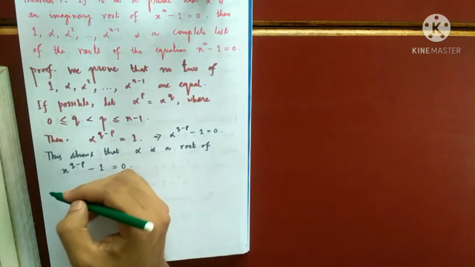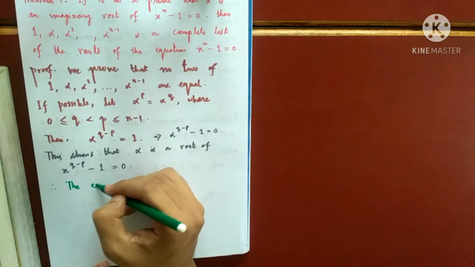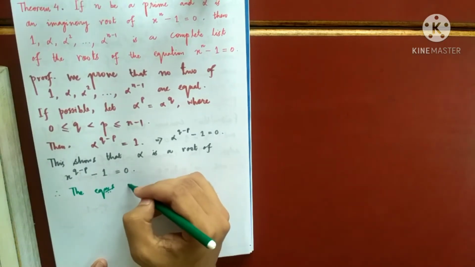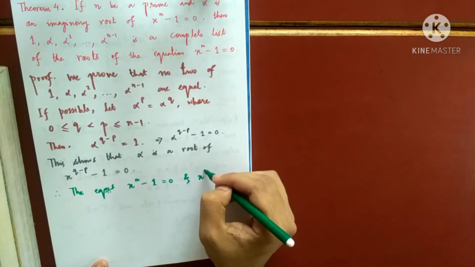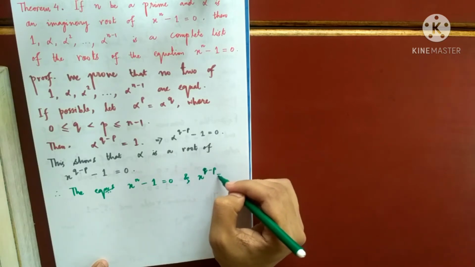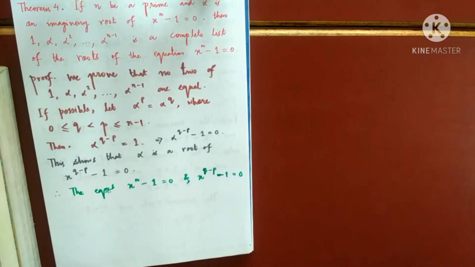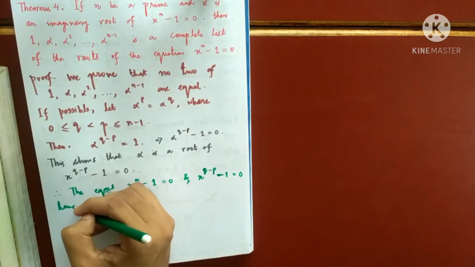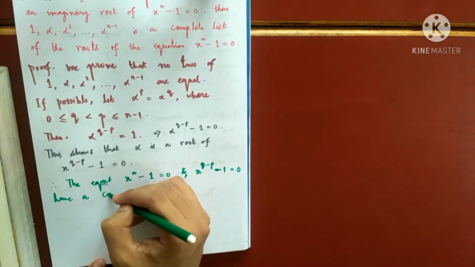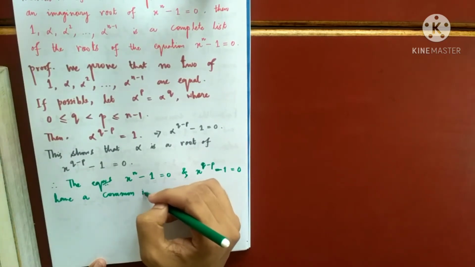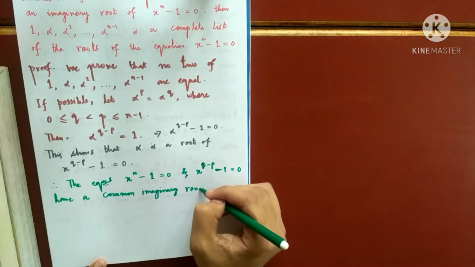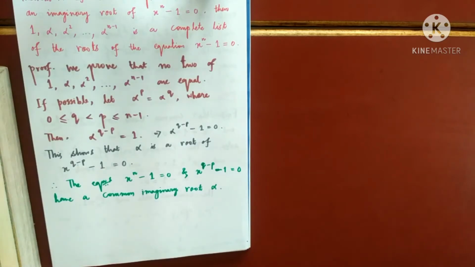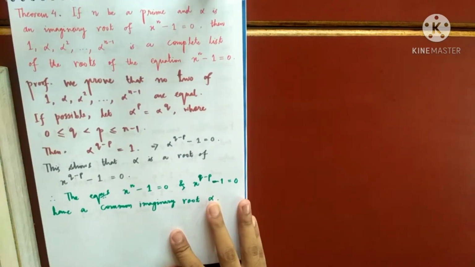Therefore, the equations x to the power n minus 1 equals 0 and x to the power q minus p minus 1 equals 0 have a common imaginary root alpha.